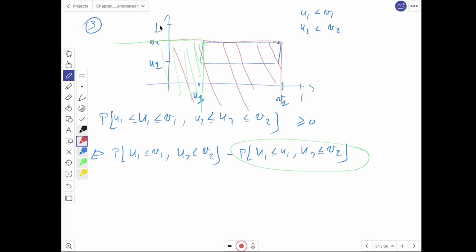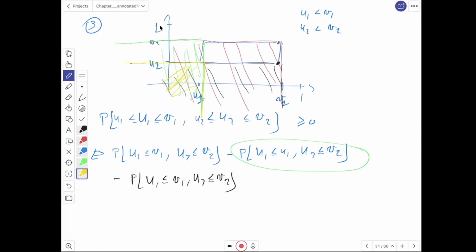Then we also subtract, let's do it in black, the probability U1 smaller than V1 and U2 smaller than U2. V1, U2 is here. So you subtract this black part, right? And then you see that you subtracted, we can do it in yellow, this part here, twice, right?